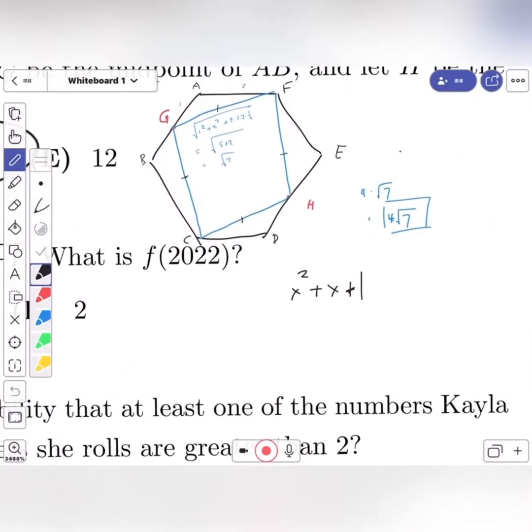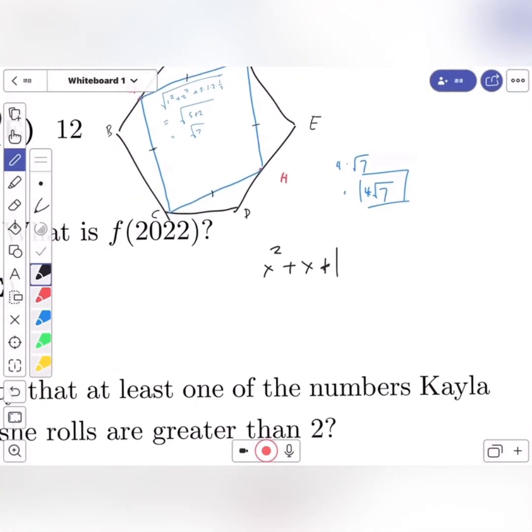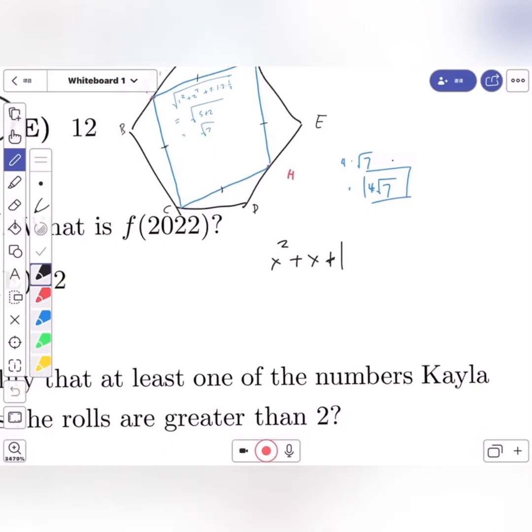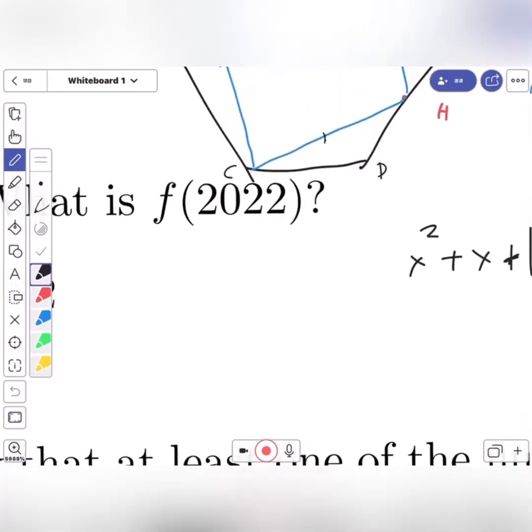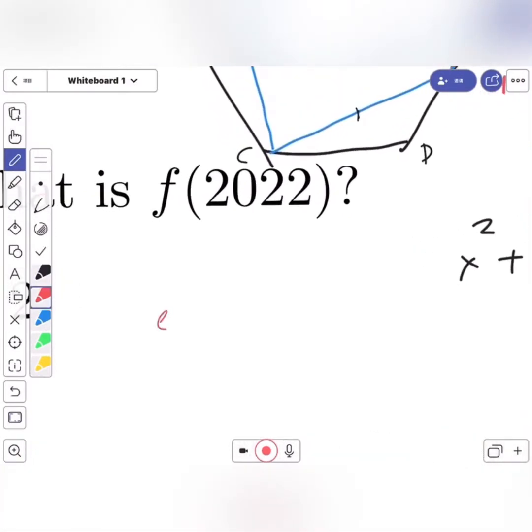So now these are on the unit circle at 120 degrees and 240 degrees. And by Euler's formula, this can be written as e to the 2 pi i over 3 to the n plus e to the 4 pi i over 3 to the n. Well, n is equal to 2022.